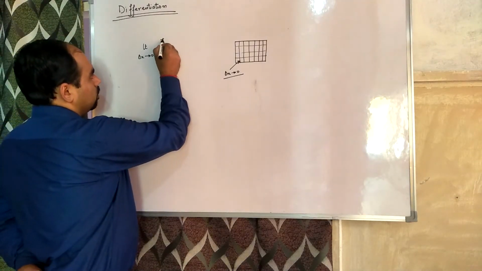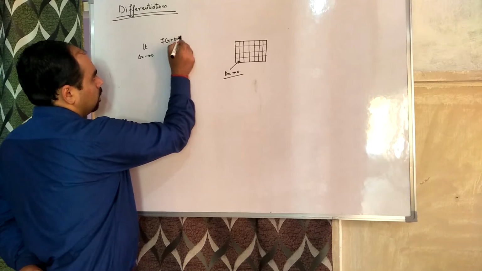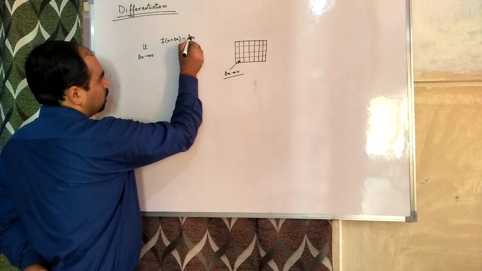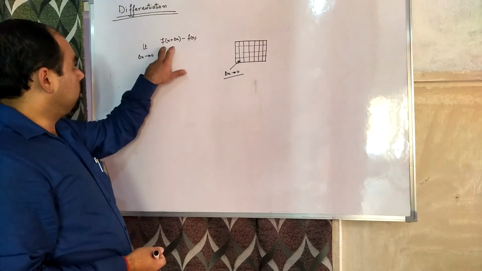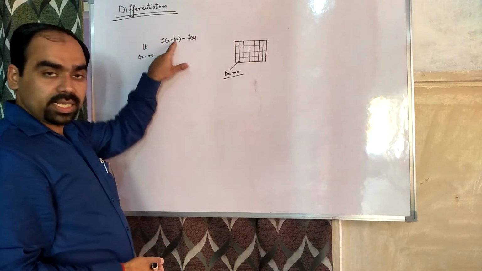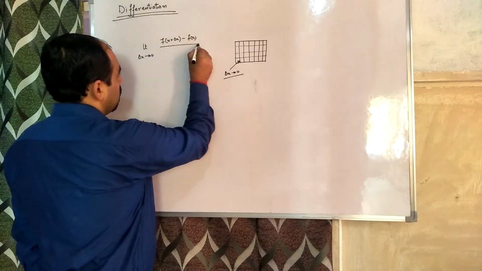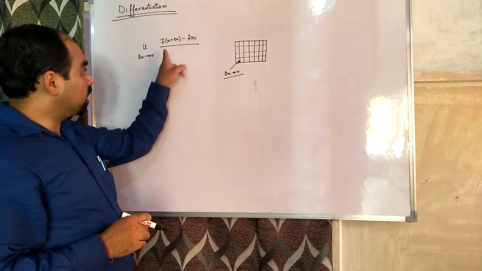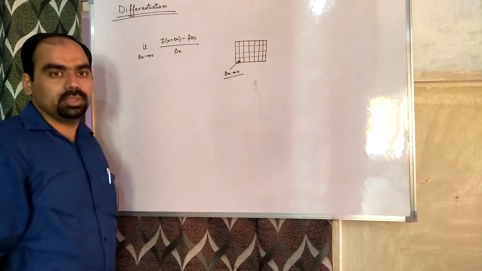The small increment in the function. Here, f of x is the function and f of x plus delta x is the small increment in that function. So, limit of the small increment in function to the small increment in the variable.